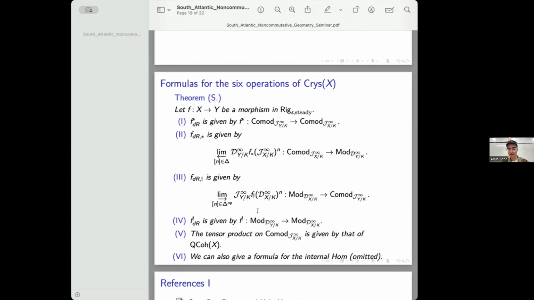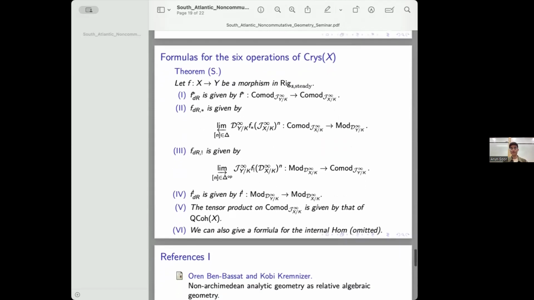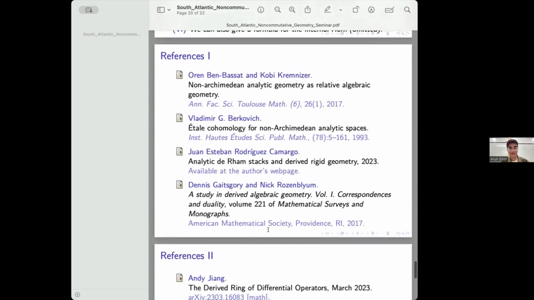And then the tensor product, if we view these things as modules over J infinity, is just inherited from the tensor product on QCoX. And then we can also give a formula for the internal hom. So yeah, that's the last thing I wanted to say. And here are some references.